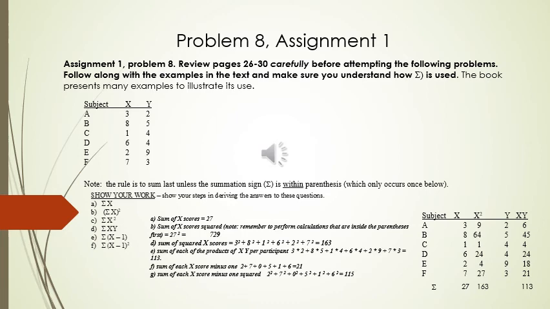I subtract 1 from that, I get 0. Square that, I get 0. The fourth score is 6. I subtract 1, which is 5, and then I square that, I get 25. I do the same for the final 2 scores in that data set, and then I sum together, and I get 115.